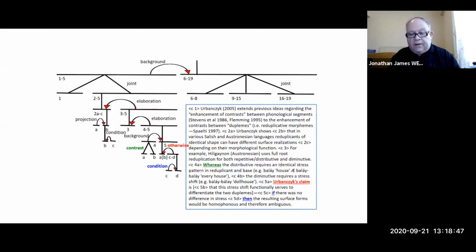If it didn't have this stress shift, there would not be a way to differentiate between them. So that's why I've identified it as otherwise. Whereas this seems to be the case, A and B, Urbanchik's claim is that if it didn't have this stress shift, you couldn't distinguish between the two.